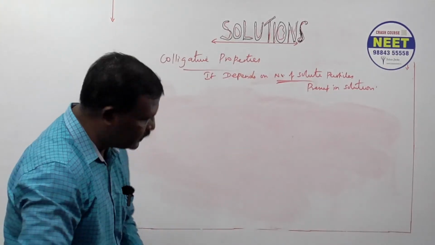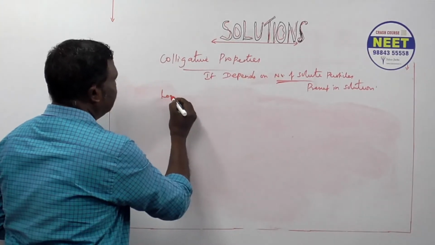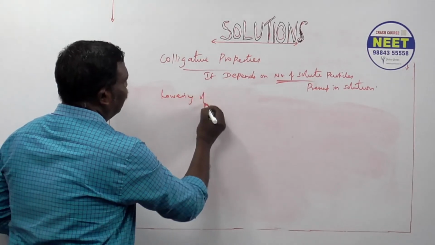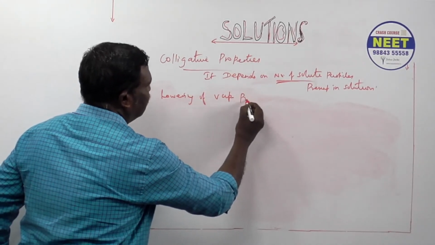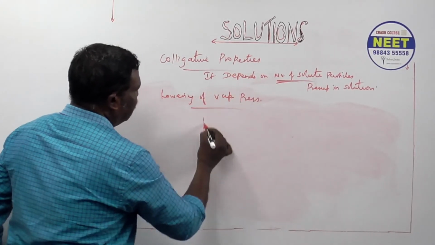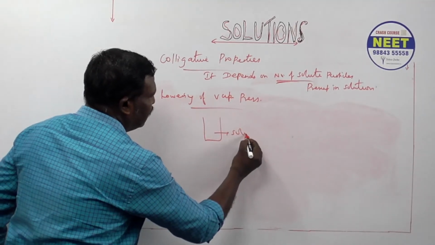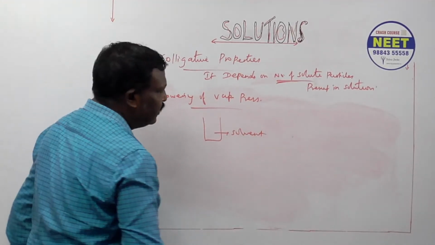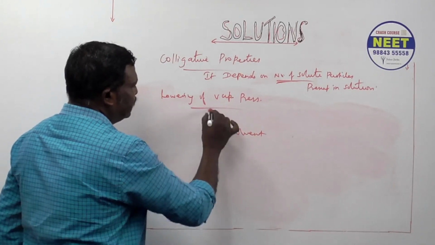First statement is what? Lowering of vapor pressure, so you already put the heading. Suppose I am taking only solvent, it produces more vapors.